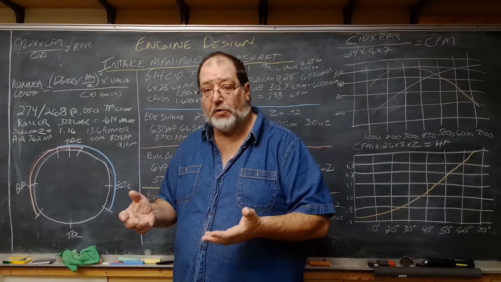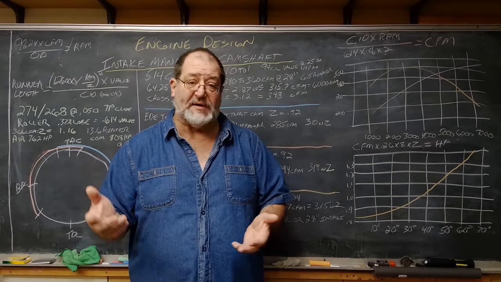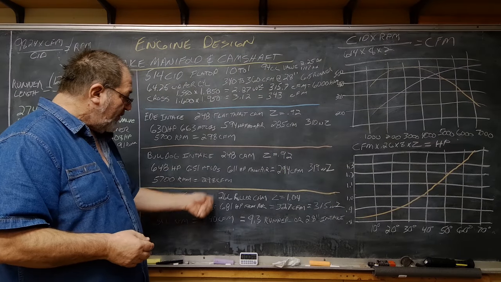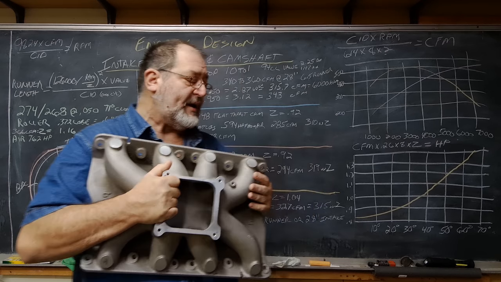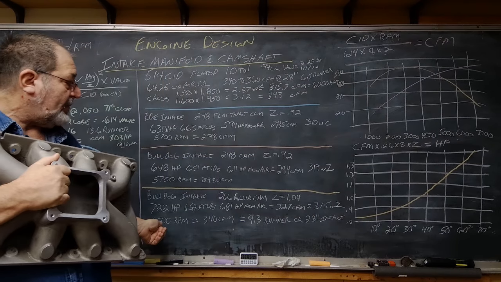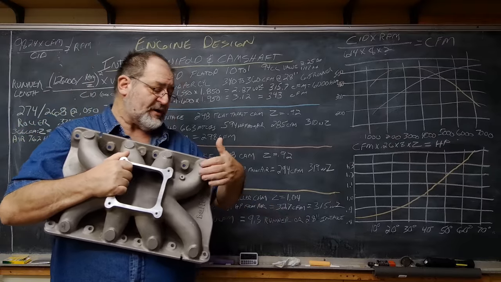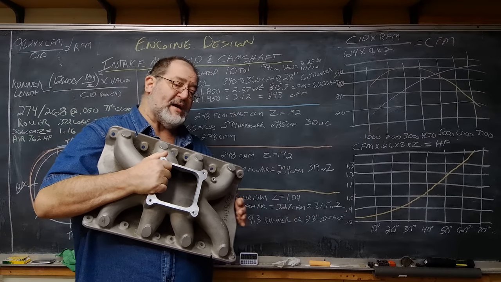Now, you would assume that the Bulldog intake, which is what we used on both of these runs, would be long enough, because if you look at the intake, it has some runner length. But if you calculate 6,500 RPM, you come out to the only amount of runner it's using is 2.8 inches.